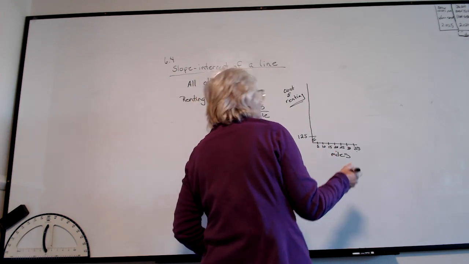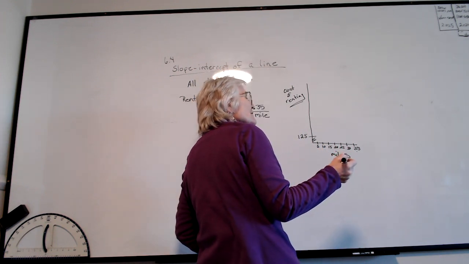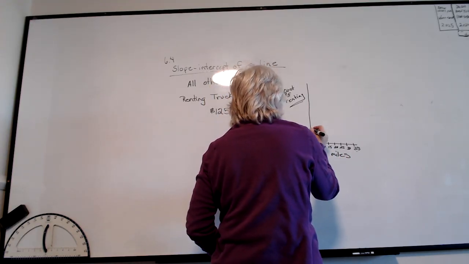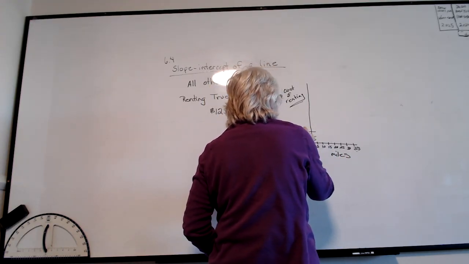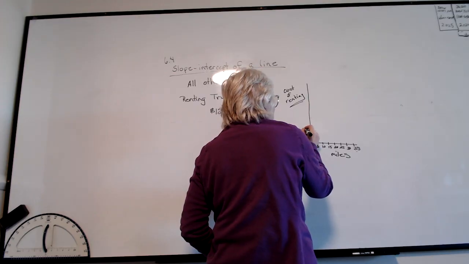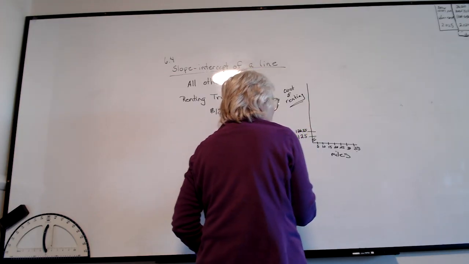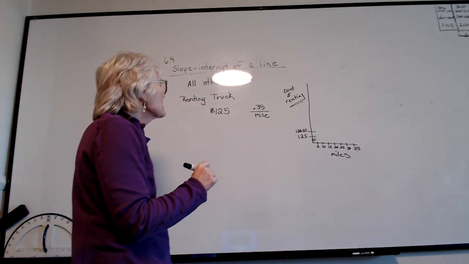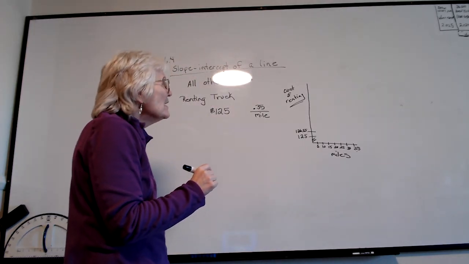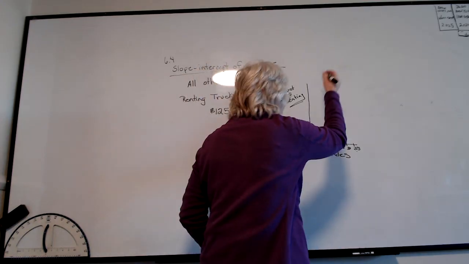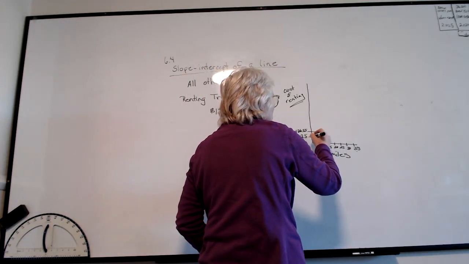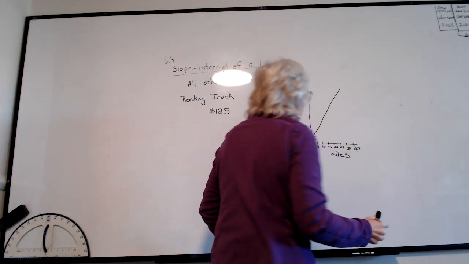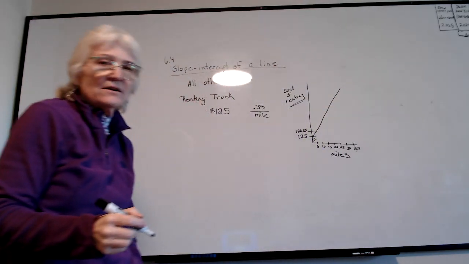So it's going to be 125 and 30, 155, or $1.55. So if I wanted to, I could say this is 126.55. And so that's how we look at that. It would consistently go up at a constant rate, and you would have the rate drawn there.